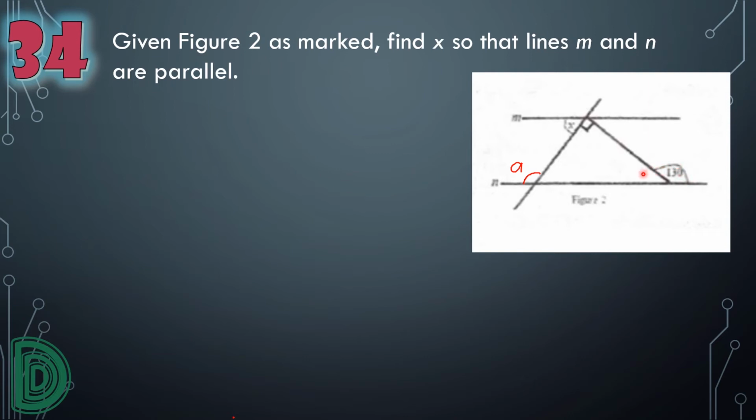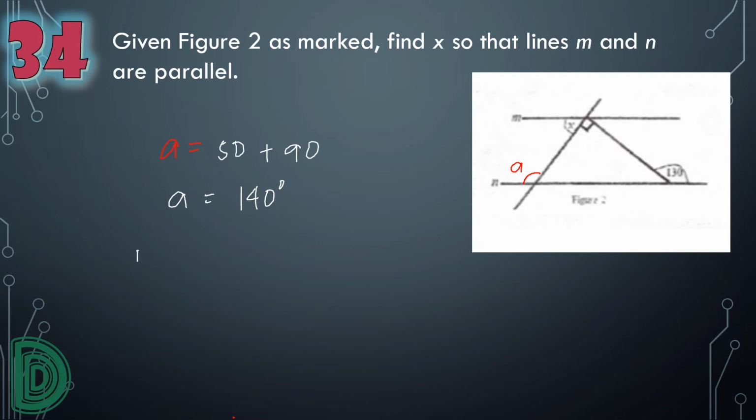Therefore, the other remote interior angle is 50 degrees. Hence, the measure of angle A is equal to the sum of the measures of the two remote interior angles, that is 50 plus 90 degrees. Therefore, the measure of angle A is 140 degrees.